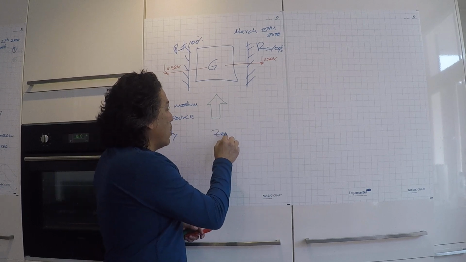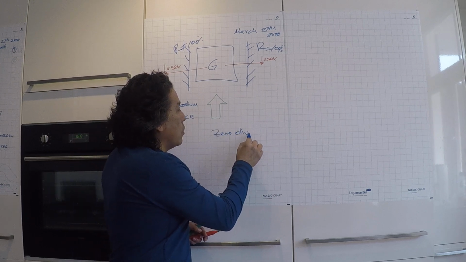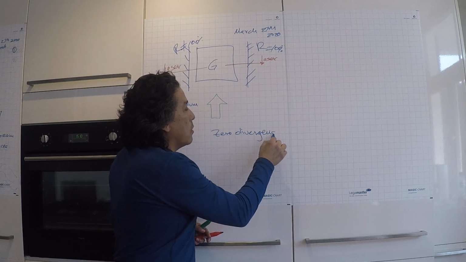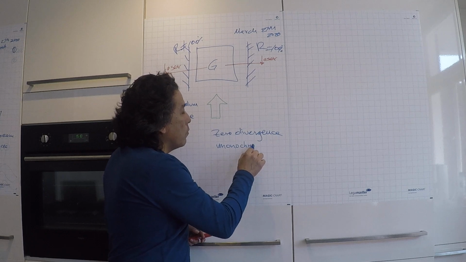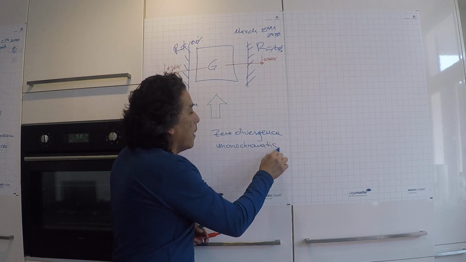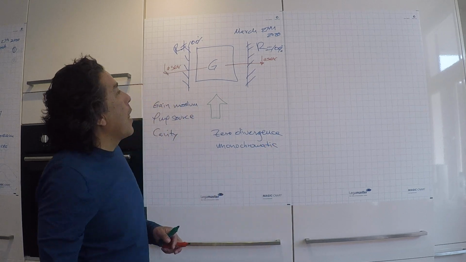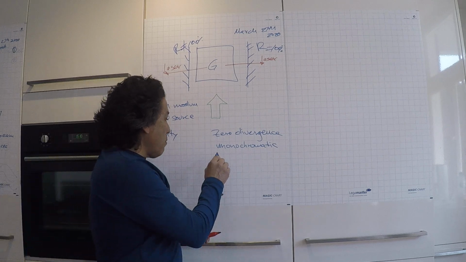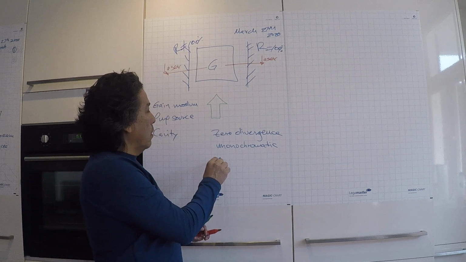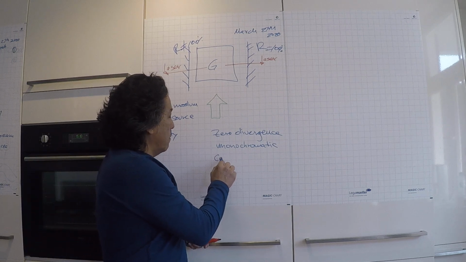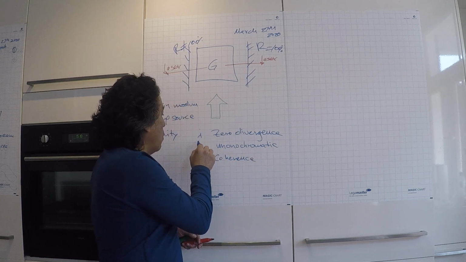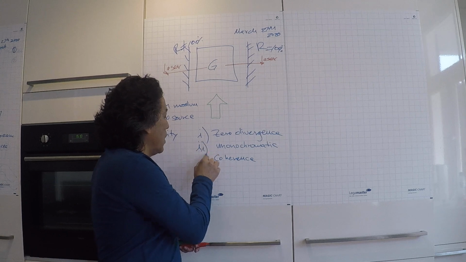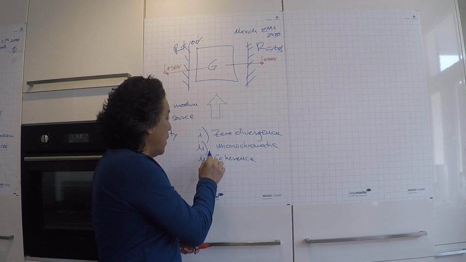I mentioned, without any importance on the order, zero divergence, monochromaticity, and coherence. So all laser beams are coherent, which means they are in phase.